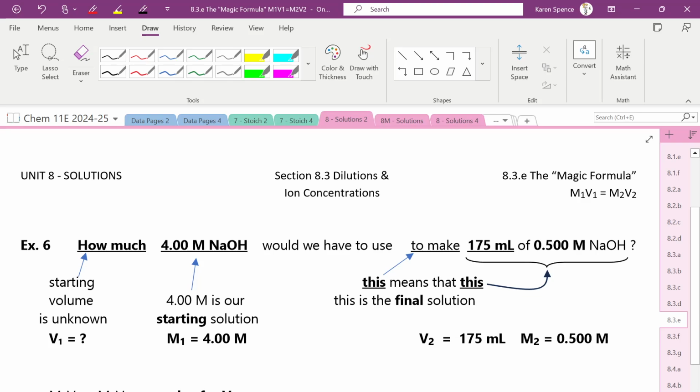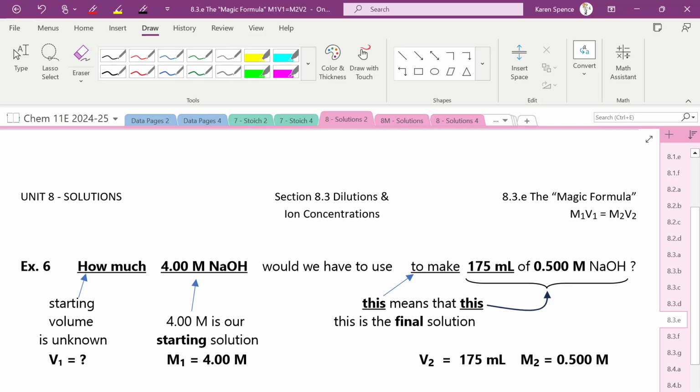This is a question very much like what we did yesterday in the mini lab. How much of the 4.00 molar NaOH, so this would be our stock solution. Okay, so that's our concentrated solution that we're going to dilute.